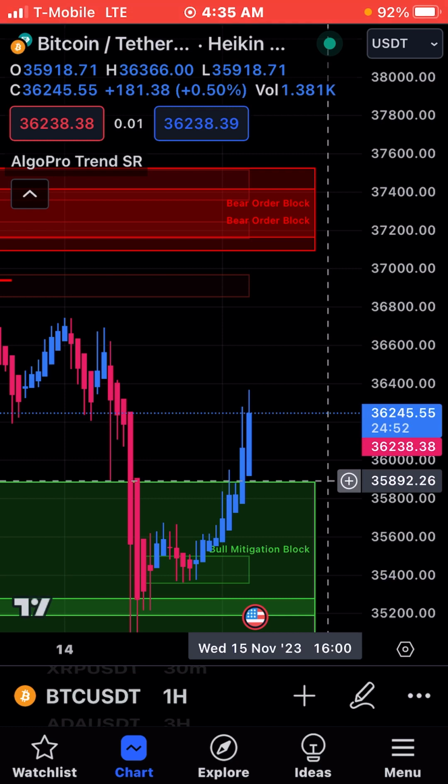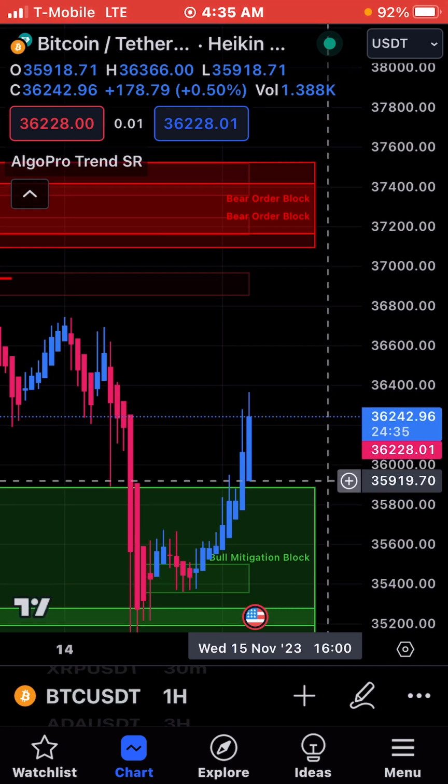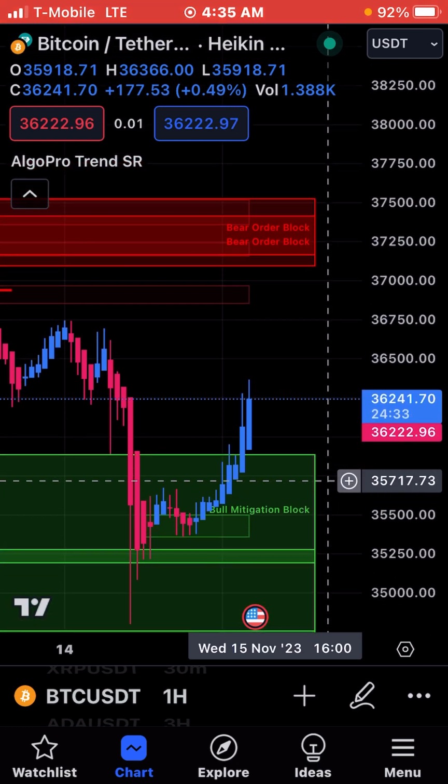So 35 seems to be a good level of support. So right now, and I'm not making this about trades, but 35,000 seems to be a good base number to be in with Bitcoin, unless it drops more, which I don't think is going to happen. I think Bitcoin is just slowly going up.